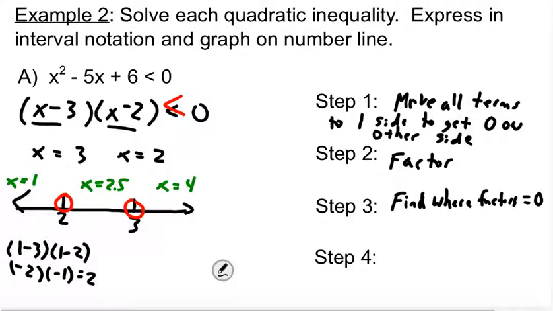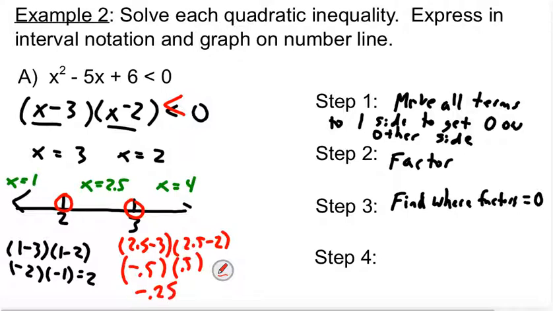All right, so let's take the test value in the middle here, 2.5. So if I plug that in, 2.5 minus 3 and 2.5 minus 2. So this gives me a -0.5. This gives me a 0.5. When I multiply those together, I'm going to get a -0.25. Is -0.25 there less than 0?